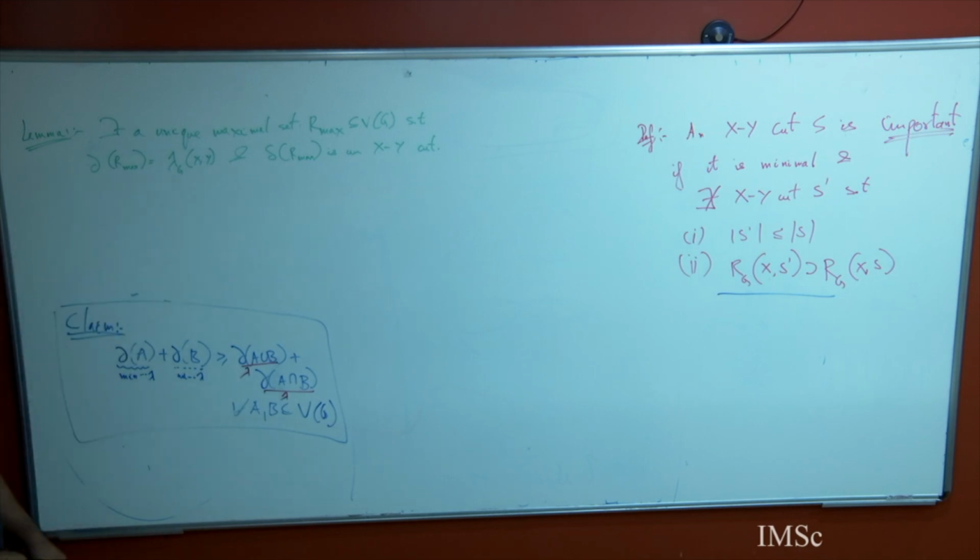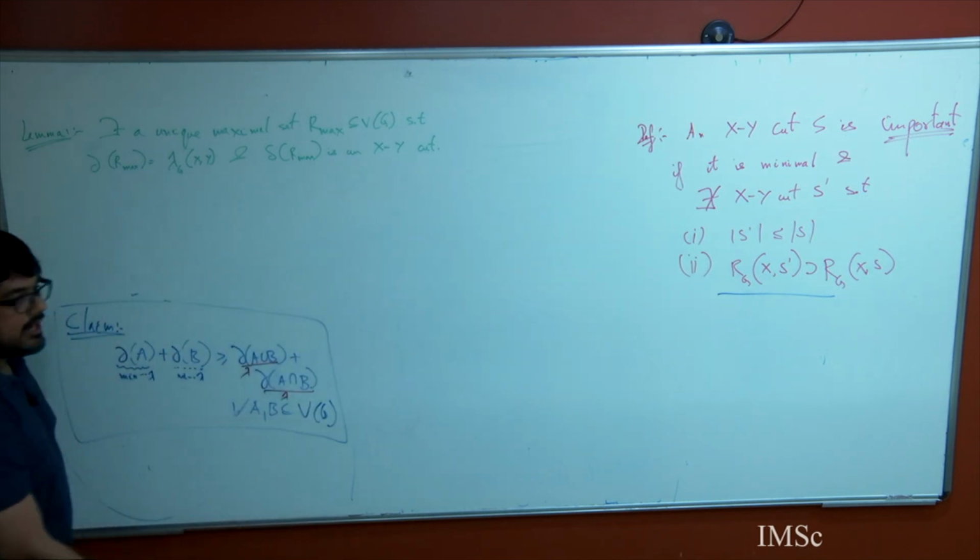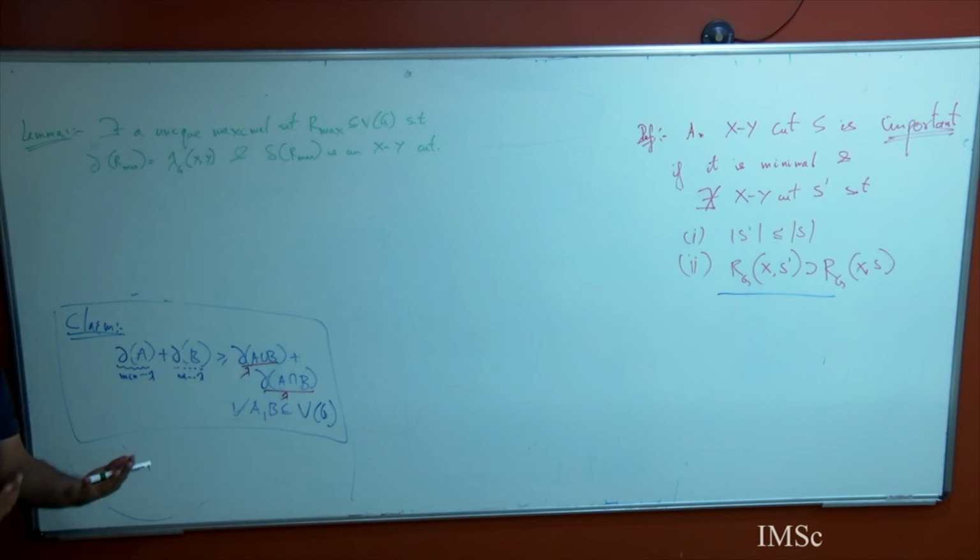What this says is, if I look at minimum xy cuts and start looking at their reachability regions, and I look at their inclusion-wise ordering, there is a unique maximal one.